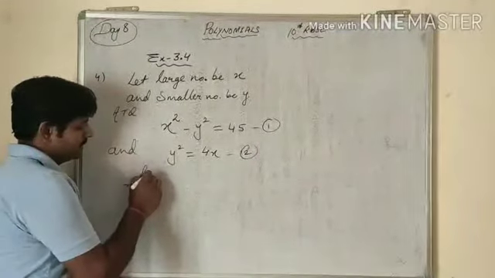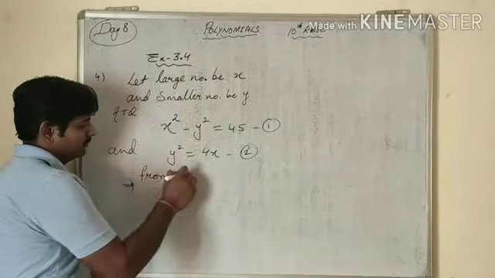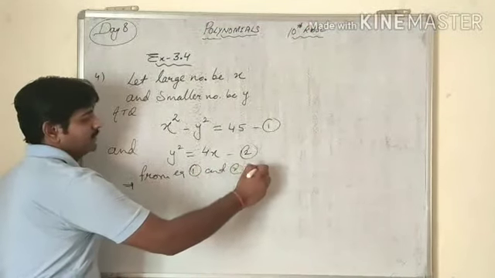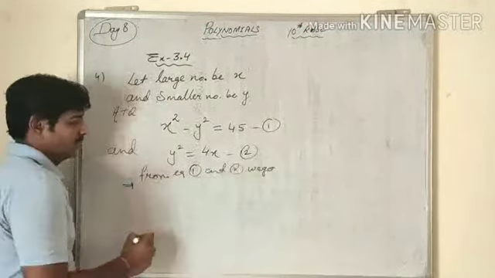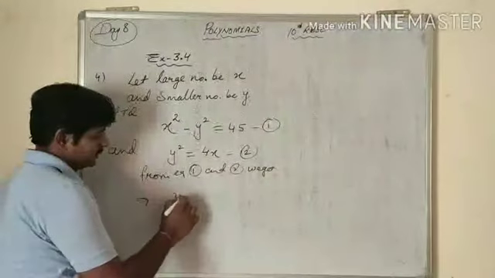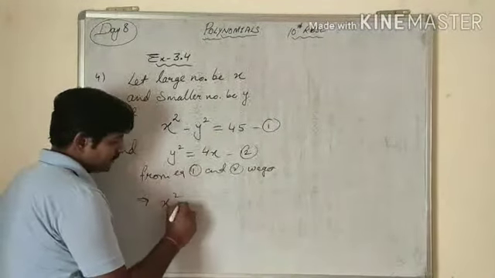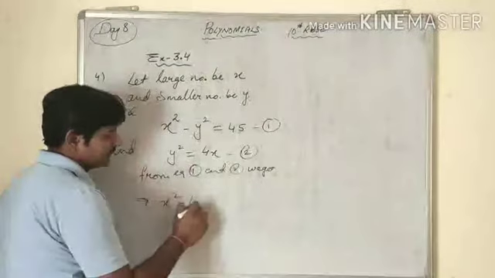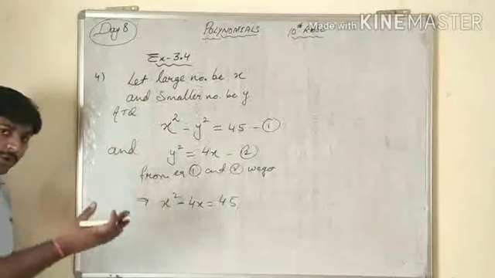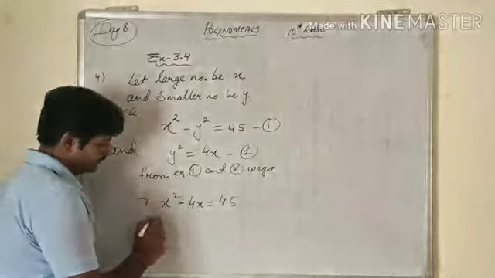So from equations 1 and 2 we get x square, and in the place of y square I will write 4x, equals 45. This 45 we shift to this side.